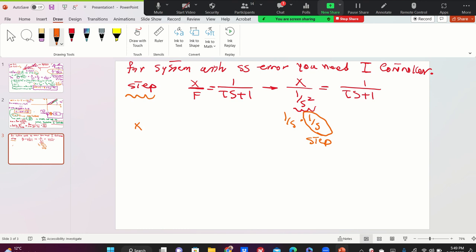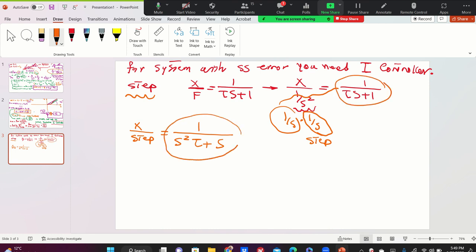So X over step, again the input to the system. I'm moving this 1 over s here, and it's going to be s squared tau plus s. You see, for plotting in the MATLAB coding, I change this transfer function from a first order system to a second order system. But the input is a step.